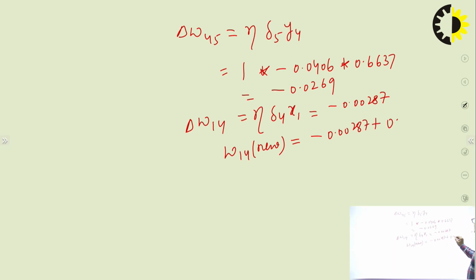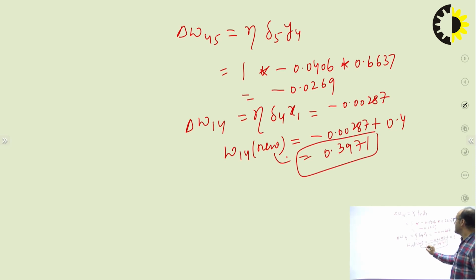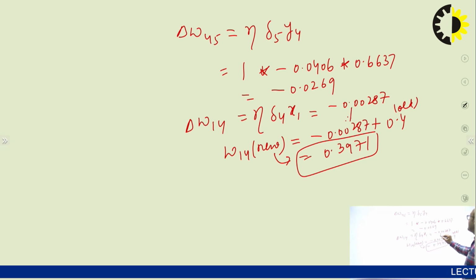The old weight is 0.4, which is given. And we will get a new weight of 0.3971. This is the new weight, this is the old one, and this is the value that we calculated.